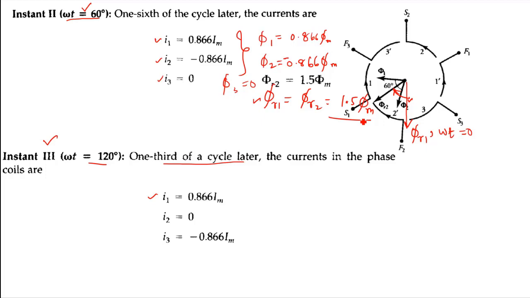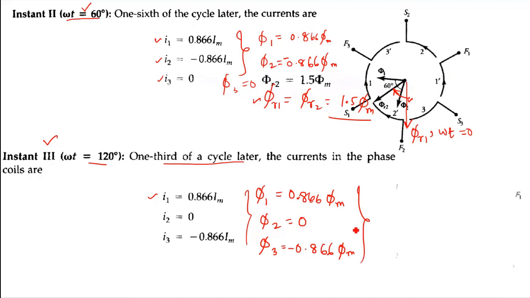Okay. And now for this instant also, corresponding to these currents, your flux will become 0.866 phi m, and here your flux will become 0. Here your flux will become 0.866, sorry, 0.866 phi m.